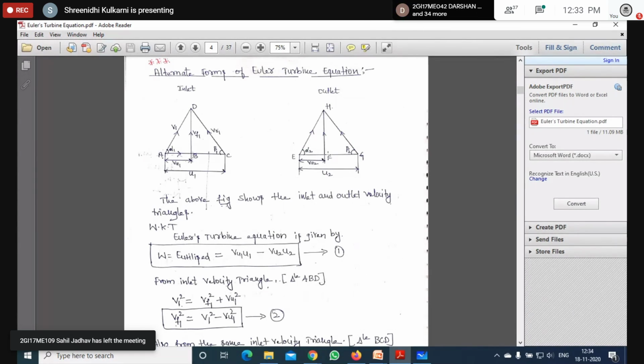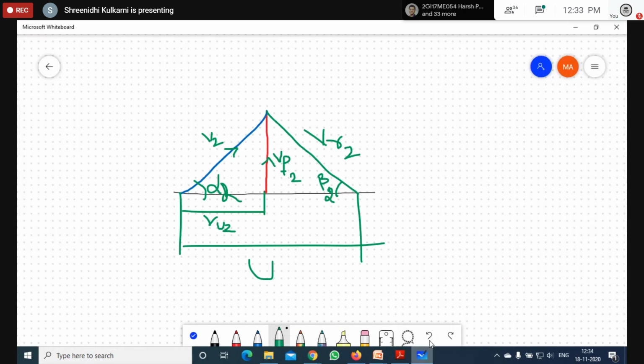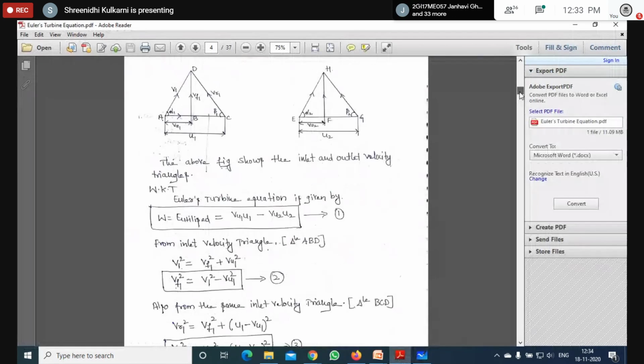We can use the Pythagoras rule for each and then equate these two equations. In that, VF2 will get cancelled, and then the direction will change. Here I'm going to show it once again.